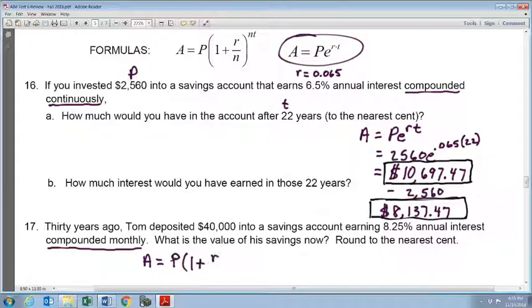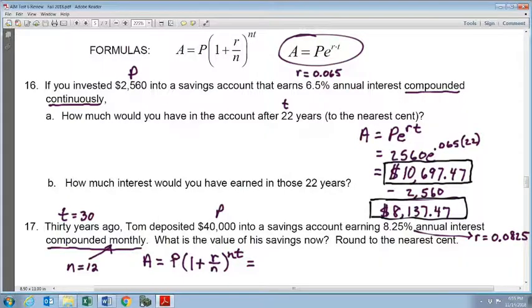So let's go ahead and put our formula up. The starting amount here is 40,000. It's 30 years ago, so T is 30. So P is 40,000. Our interest rate, of course, is 0.0825. Notice it's compounded monthly, so that tells us that N is 12.